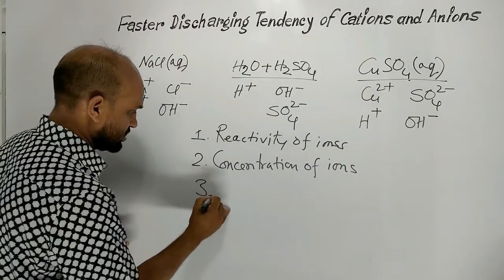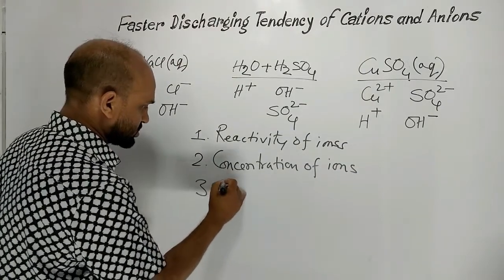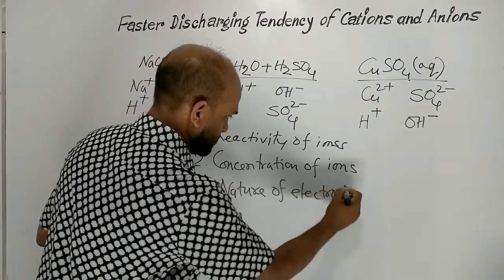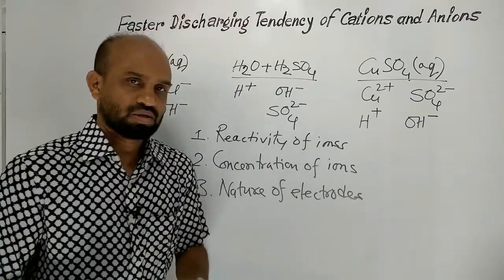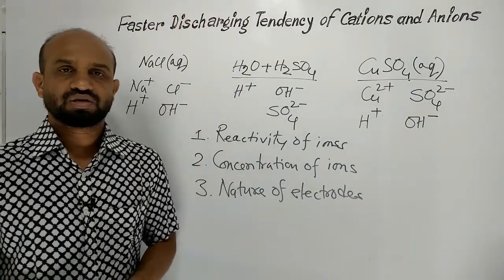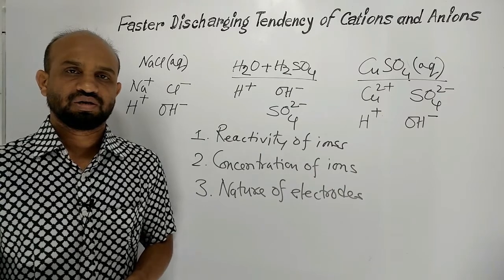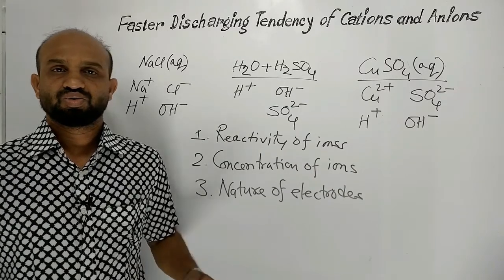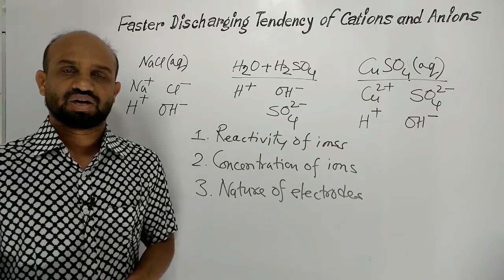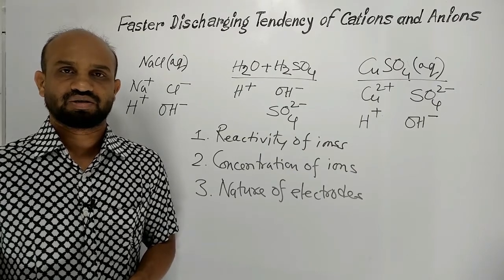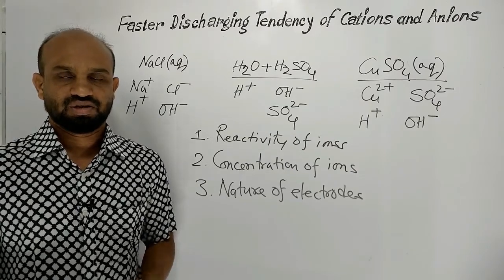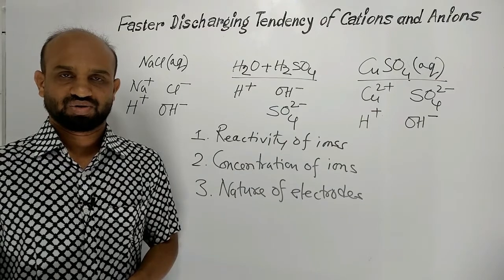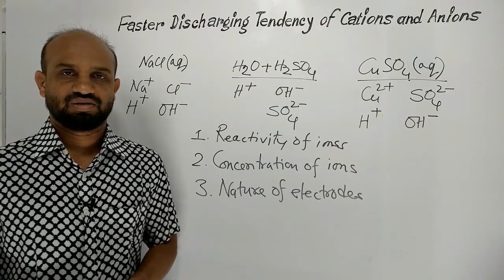And number three, nature of electrodes. These three factors are functional here, that is, which cation or which anion will be discharged first during electrolysis. This is today's lesson, so let's begin.